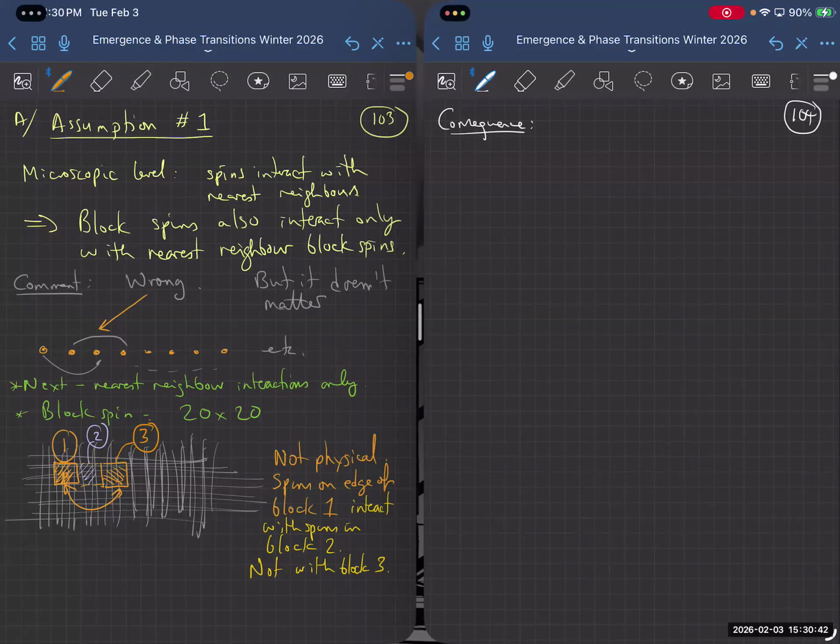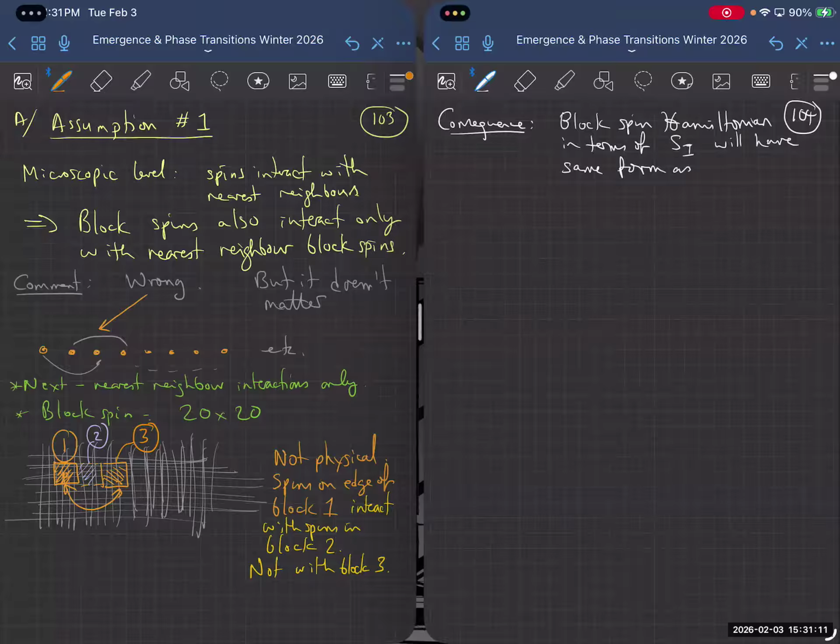The consequence is that the block spin Hamiltonian, in terms of the block spin variables, the capital S_I, will have the same form as the microscopic Hamiltonian. And so I can write it down.